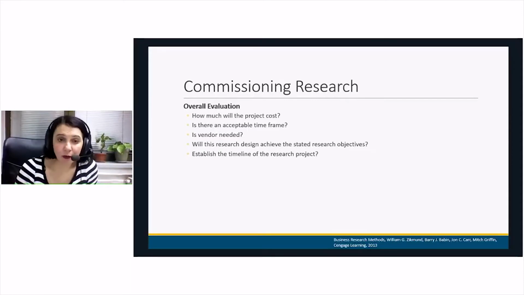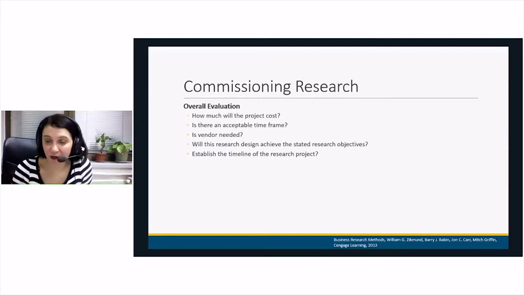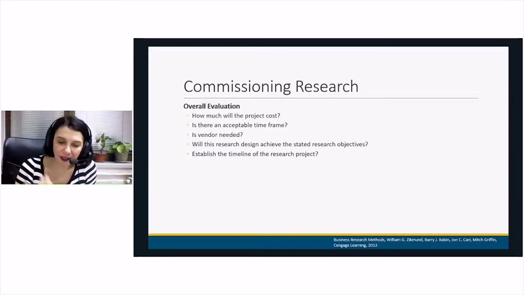Like any kind of project, we need to establish a timeline of the research, starting from the brief, at least 1 week, to questionnaire, to sample size, to methodology, to design of the research, then followed with field work, with data analysis, with presentations, with reviews.